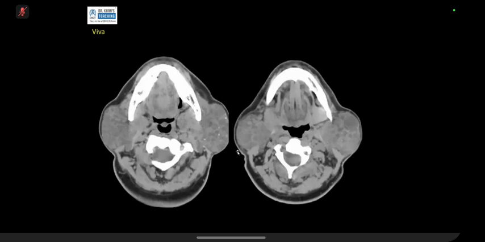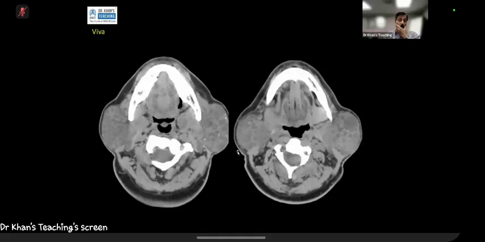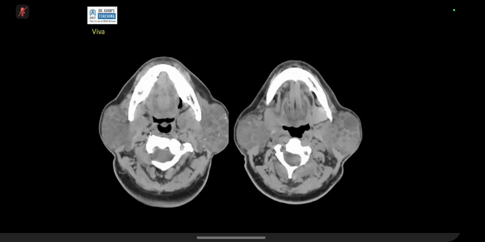So I would like to correlate with the history of the patient. That's fine. Well done. So what do you think has happened here? Pathologically speaking, what are you looking at here? Probably autoimmune parotitis, and multiple cysts are there, but I would like to ask the age of the patient.